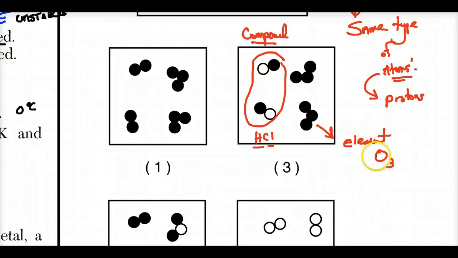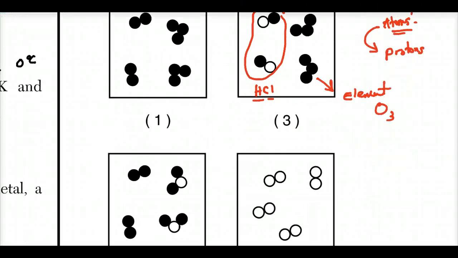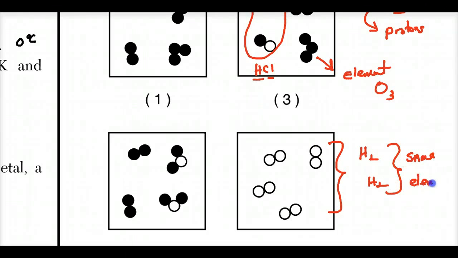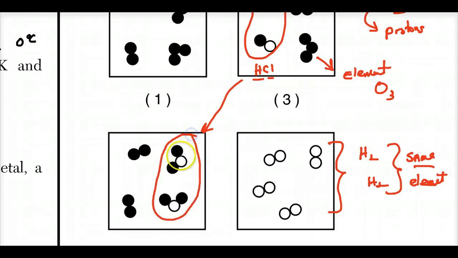Same atoms bonded is not a mixture. This could be like hydrogens, all of the same element. It's a mixture, but the same element. This is, again, another example of a compound, two or more different atoms bonded chemically. This is an element.